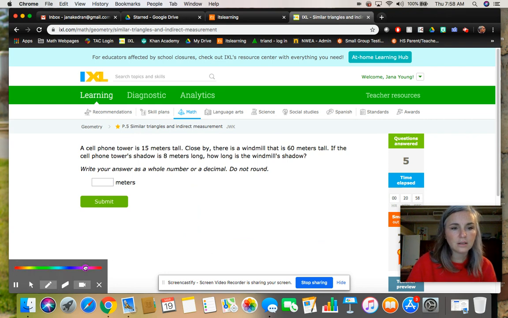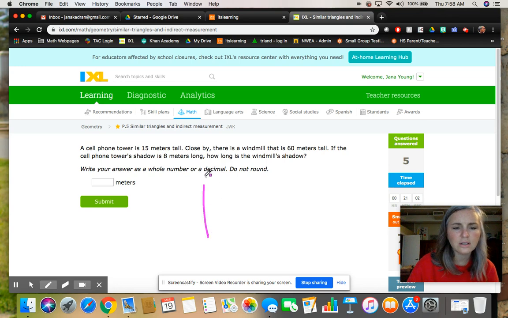All right, a cell phone tower is 15 meters tall. So let's put T up here for tower, and it's 15 meters tall. Close by, there is a windmill that is 60 meters tall. So you got a windmill over here that's 60 meters tall.